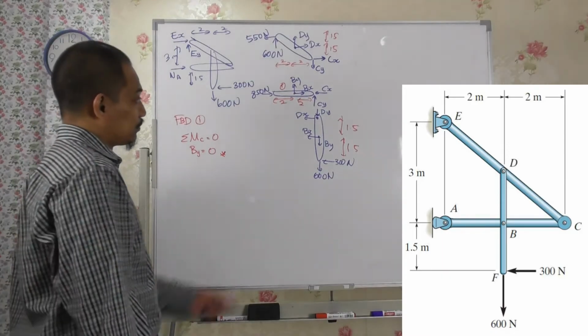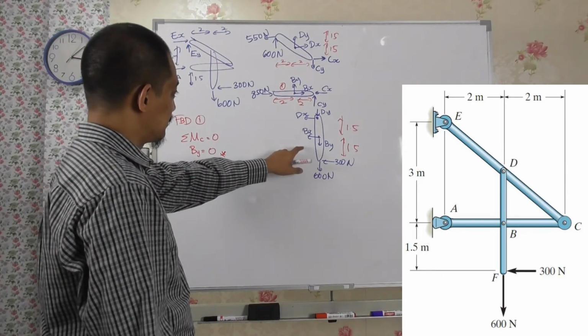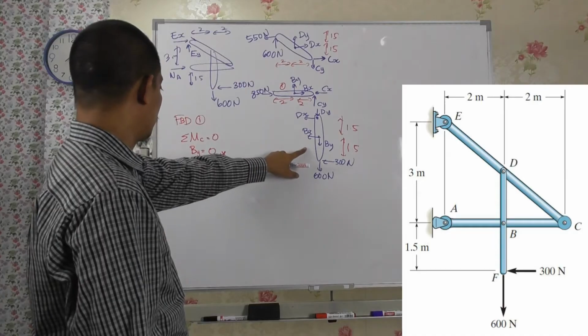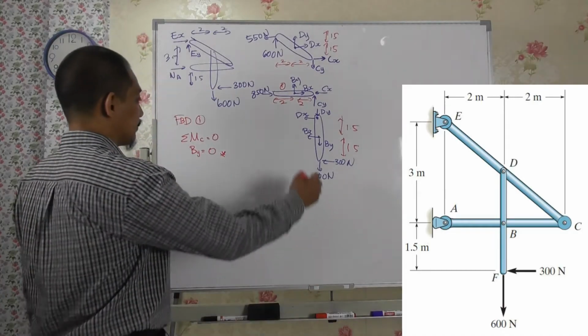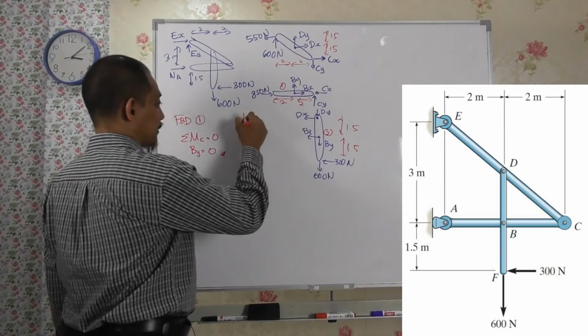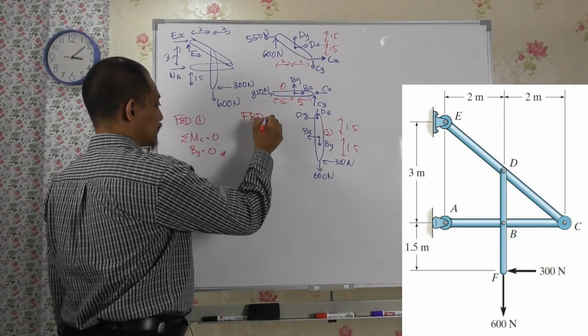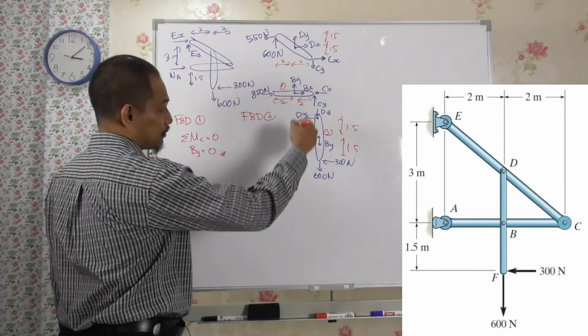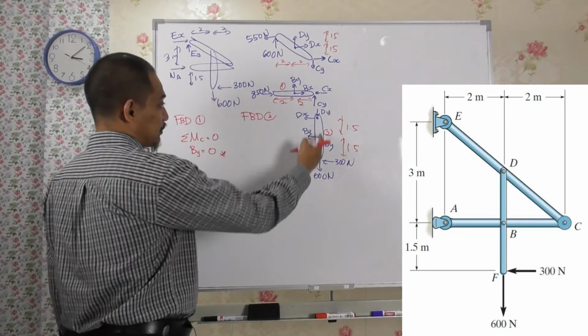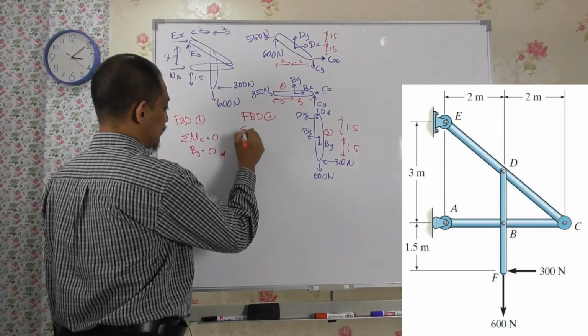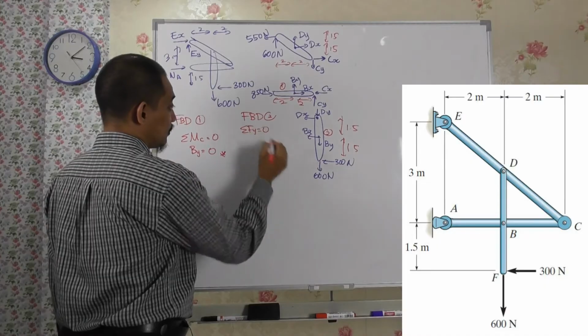So what else? Because By is already 0, if I take a look at free body diagram 2, I can calculate summation of Fy equal to 0.